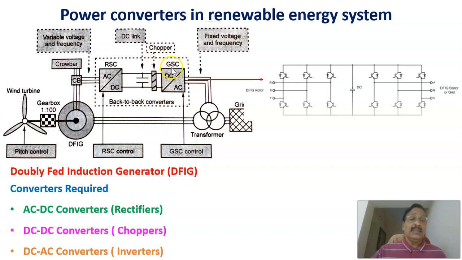And this DC is again converted into AC by using inverters, that is the DC to AC converter.